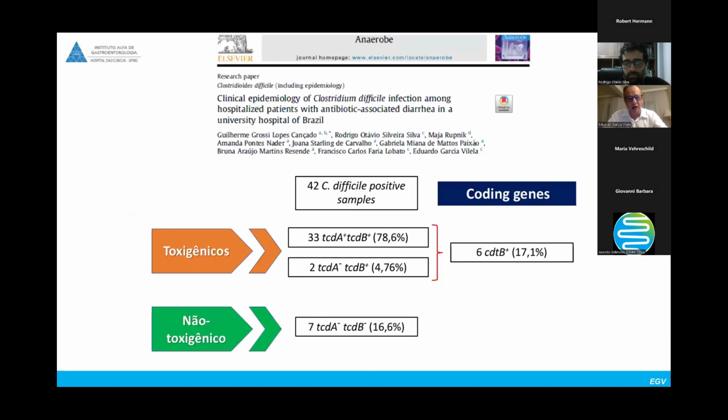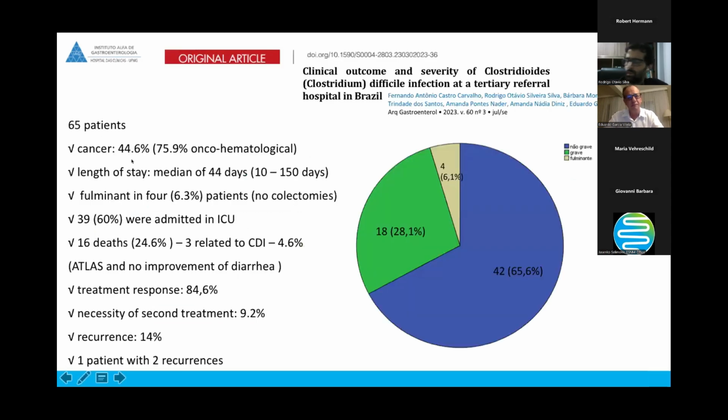And these sequence types here can produce something about 17% of binary toxin in our institution. That frequency of binary toxin production causes big worry in our institution too.